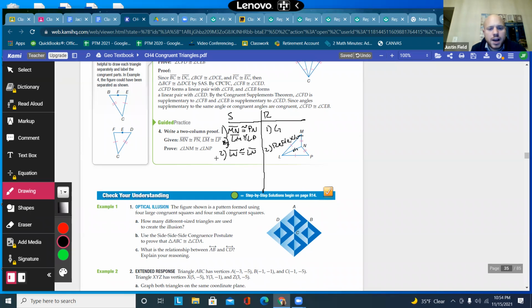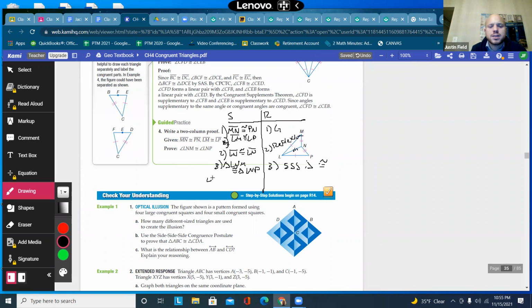All right, so now we know the triangles are congruent. So we can say triangle LNM is congruent to triangle LNP. All right, and the reason is side, side, side, triangle congruence.